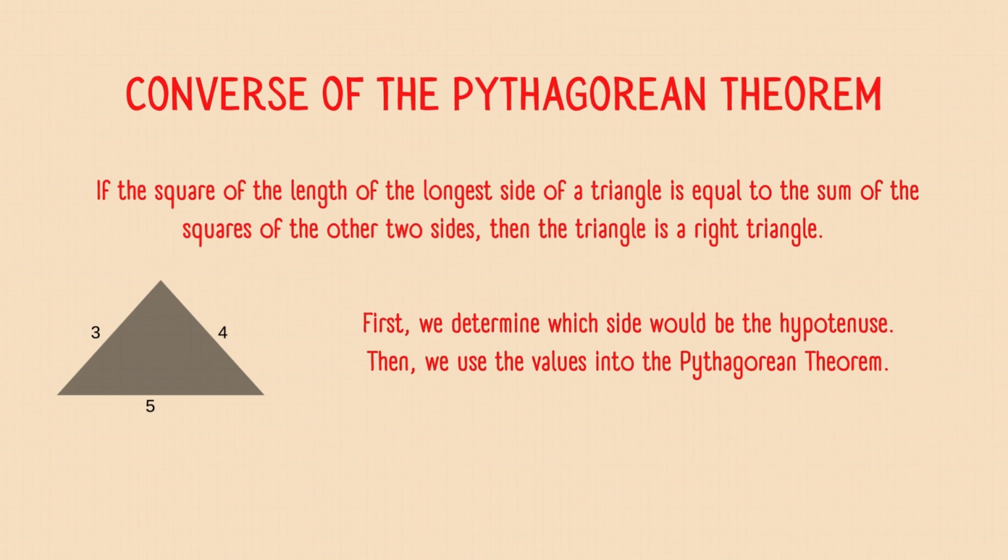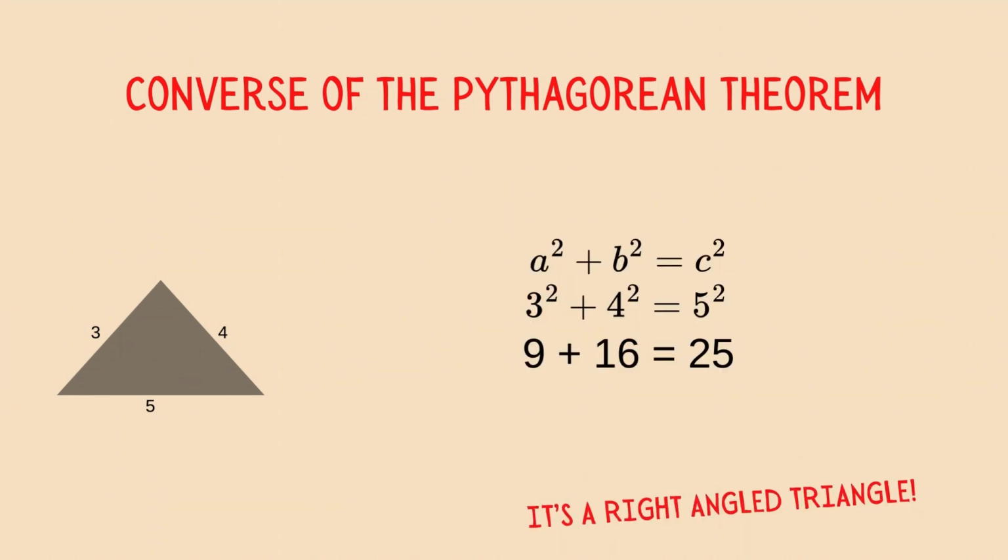Then we put the values into the Pythagorean theorem. If you find that the sum of the squares of the two sides and the square of the hypotenuse are the same, then it is right to say that triangle is a right angle triangle. So here's an example.